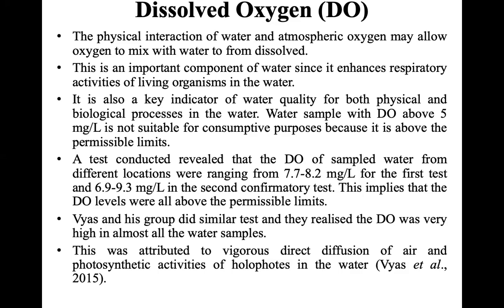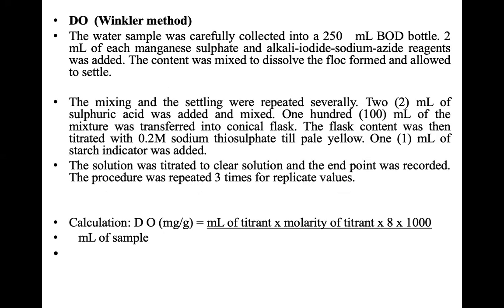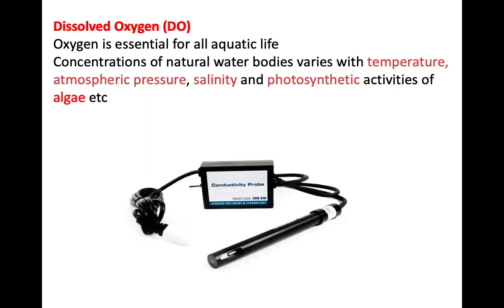And here also, you can calculate it using either the Winkler method or you use the probe. But these days, there are a lot of probes around that help one to determine dissolved oxygen content. That gives an indication of the oxygen content in a given water body.